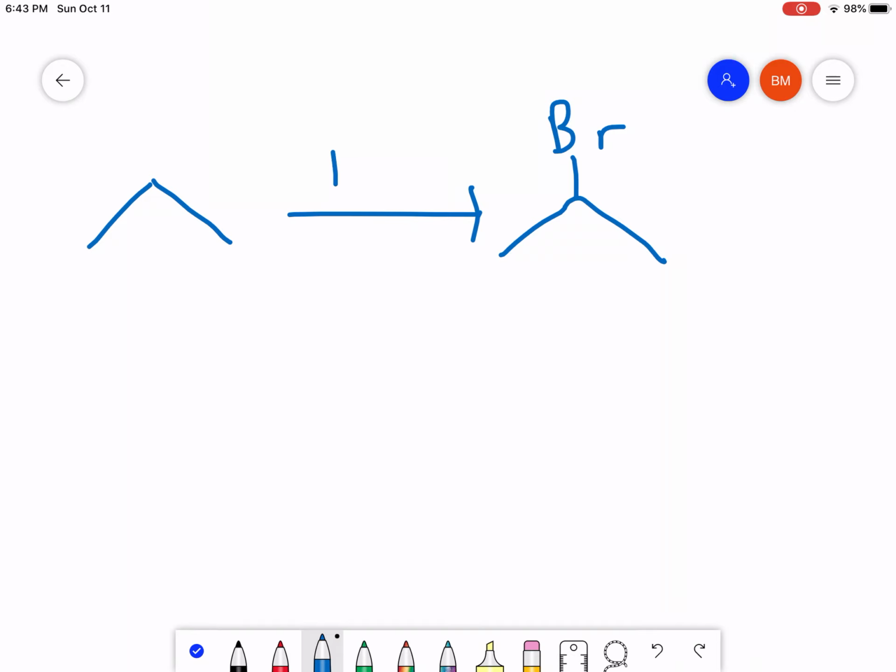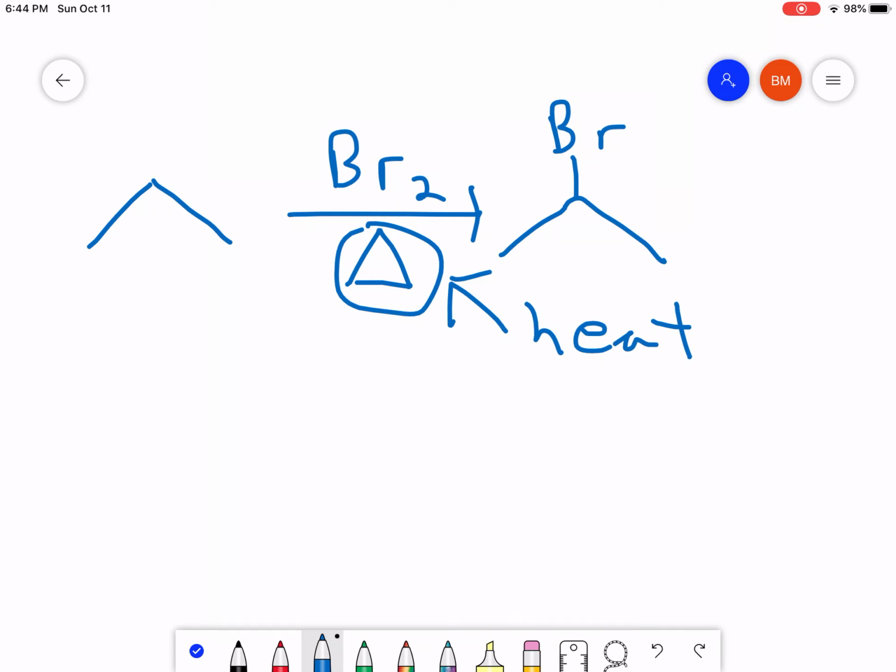We need a chemical reagent as the source of Br, that's the Br2. But we also need a very specific energy source in the form of heat. Heat is commonly represented by an uppercase delta sign, the triangle. Something like this.